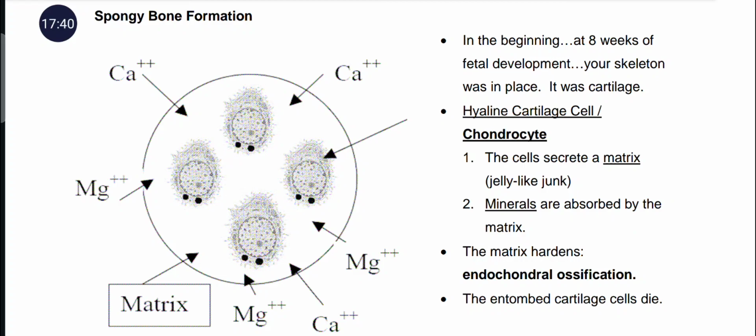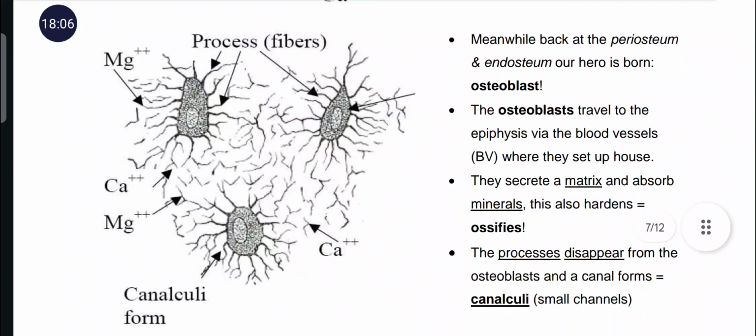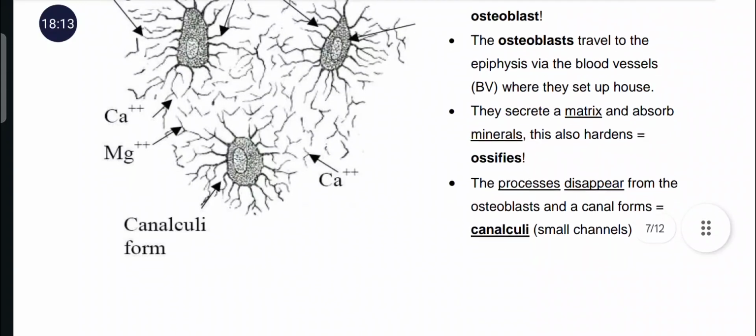Spongy bone formation. Spongy bone formation begins at 8 weeks of fetal development. Hyaline cartilage is present in the spongy bones. Chondrocytes secrete matrix, and minerals are absorbed through the matrix. The matrix hardens, which is also known as endochondral ossification. Then in the periosteum and endosteum, osteoblasts are born.